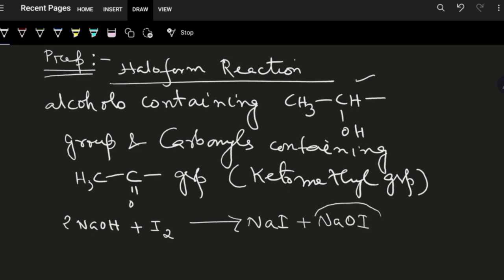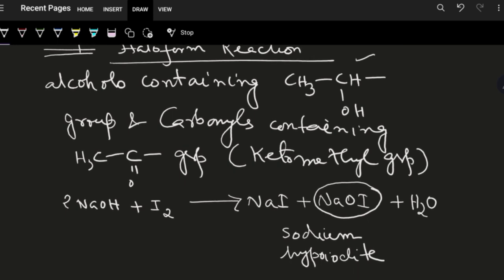NaOI is responsible for the reaction, and it forms H2O. So it is the in situ generation of sodium hypoiodide.